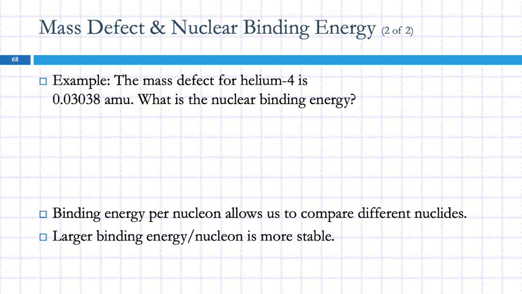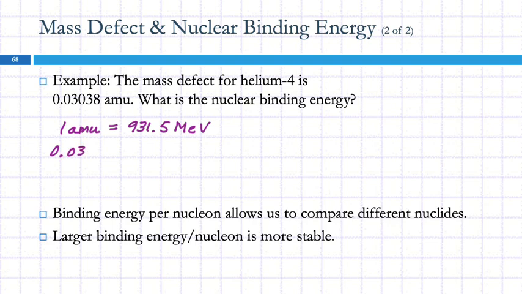Well, we could do E equals mc squared, but we don't need to because we have that relationship now between a mass unit and an energy unit. So we can just do this as essentially dimensional analysis. 1 atomic mass unit equals 931.5 mega electron volts.